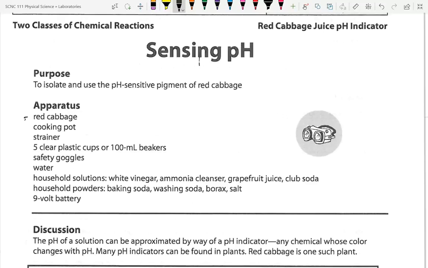So here's my broth, cabbage broth. You know what I don't like? Cabbage. So dump it out, and everything is draining into there, and then I'm just going to pour the water back into here, and this is what we're going to use to measure pH.